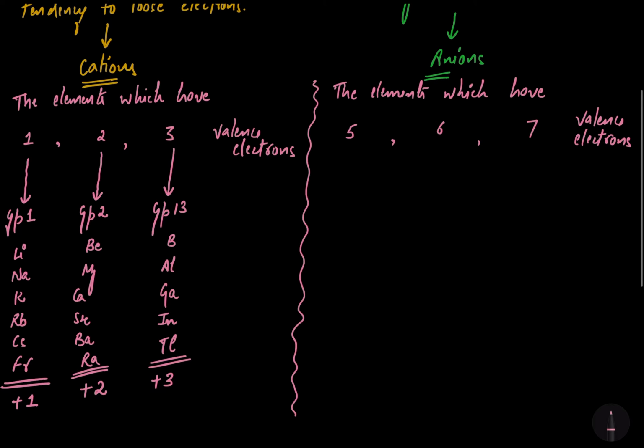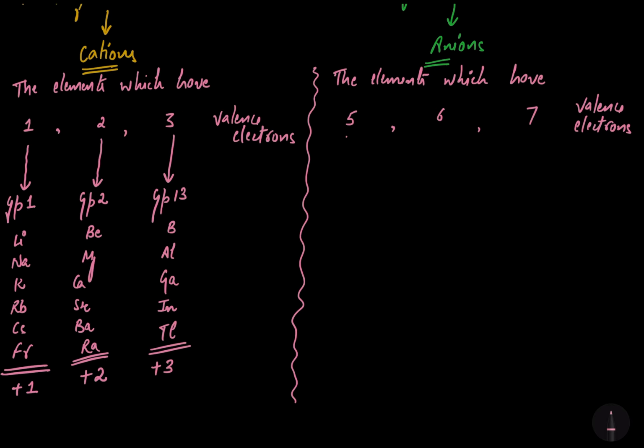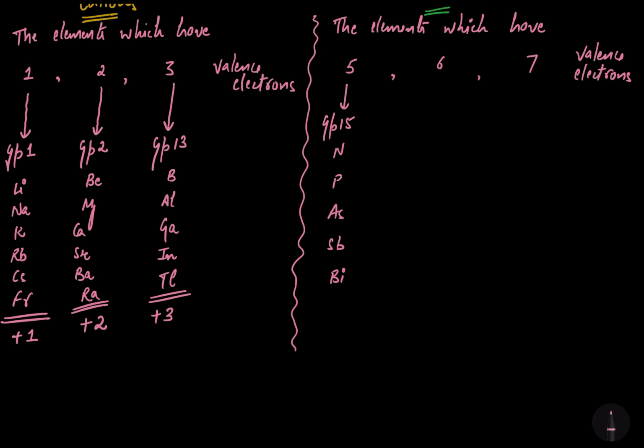The elements having 5 valence electrons belong to group number 15, that's nitrogen, phosphorus, arsenic, antimony, and bismuth. The group number 15 elements readily gain 3 electrons to have their octet completed. That means they have 5 valence electrons, it's short of 3 electrons, so they will gain 3 electrons to have 8 electrons in their valence shell. So their oxidation state will be minus 3.